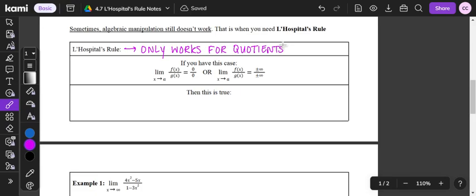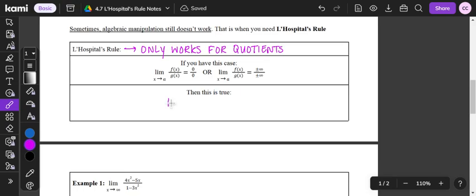Okay, so what the rule says is if you're trying to take the limit as x approaches some number of a function with a numerator and a denominator, and you get 0 over 0, or you get some version of infinity over infinity, then you can use the rule.